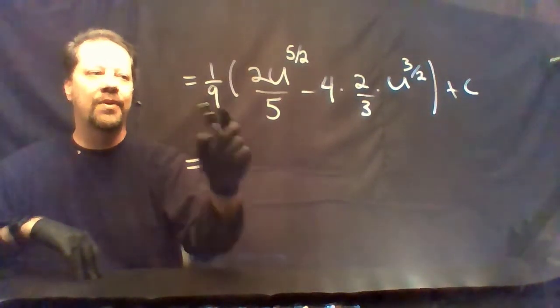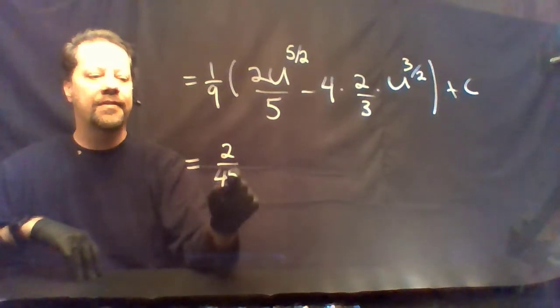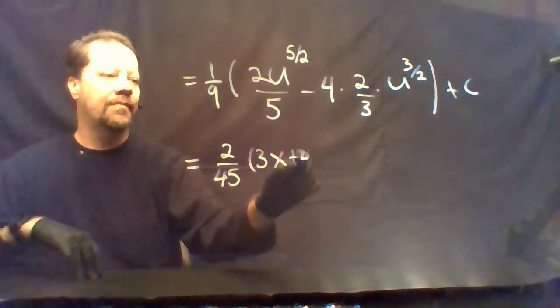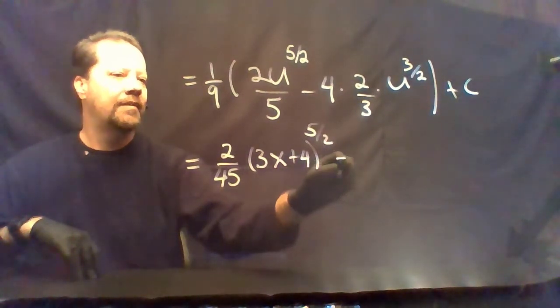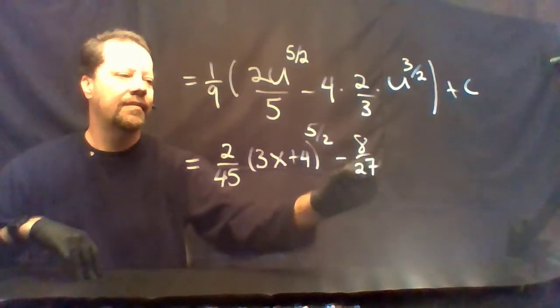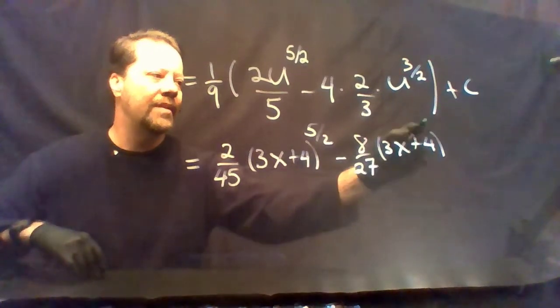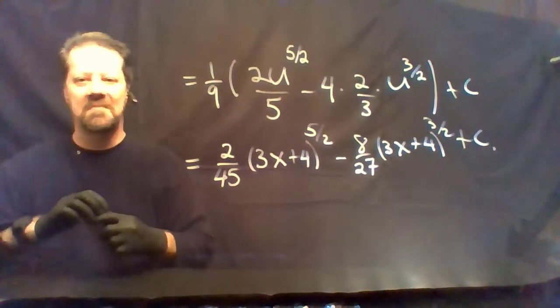Substituting back for u, we'll have 2/45 times 3x plus 4 to the power of 5/2 minus 8/27 times the quantity 3x plus 4 to the power of 3/2 plus c.